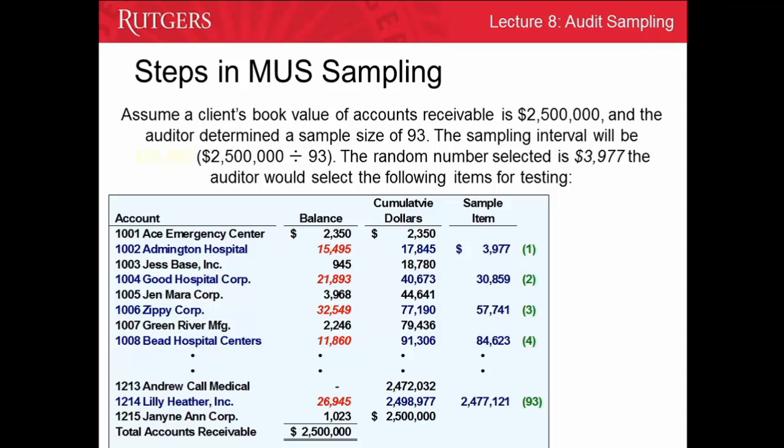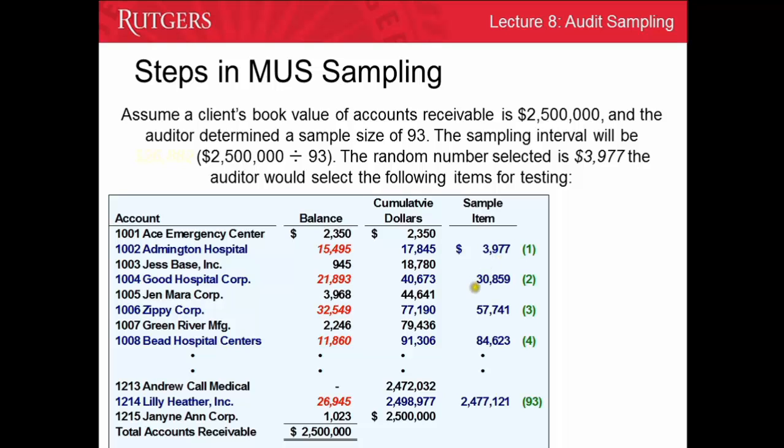Following this process, the second customer account selected could be the Good Hospital Corporation, which contains the $30,859, and this equals 3,977 plus the 26,882.